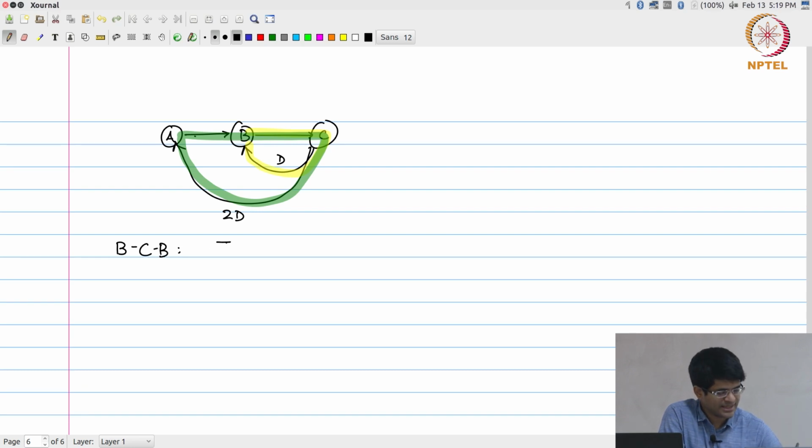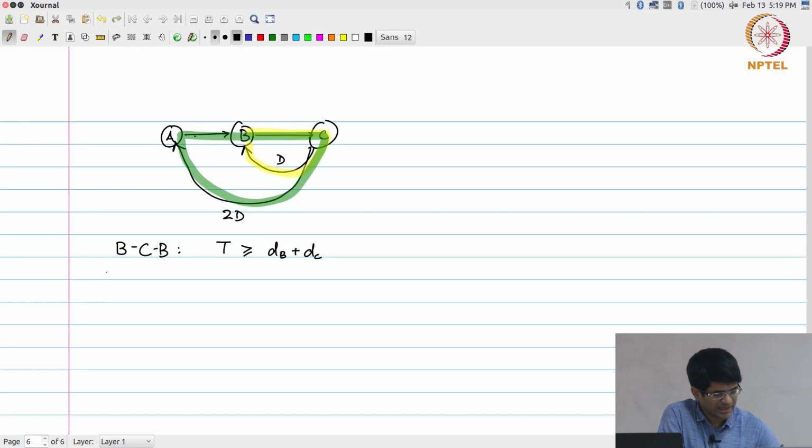This has a constraint saying that T must be greater than or equal to dB plus dC, because if I write down the constraints just for that one loop alone, there is one delay element on that loop, and therefore T must be greater than or equal to dB plus dC as far as that loop is concerned.